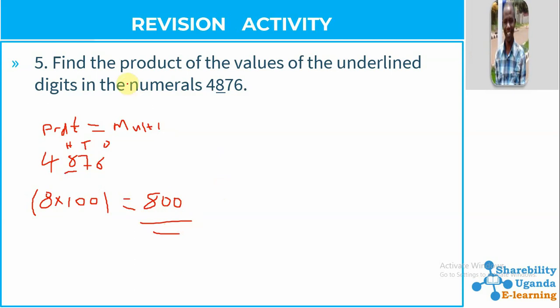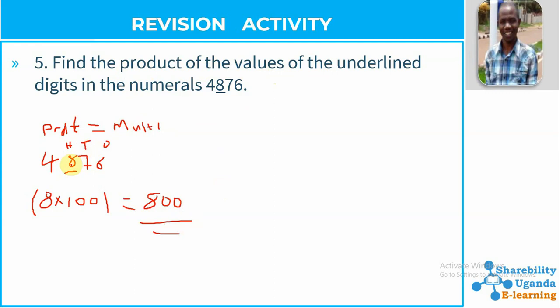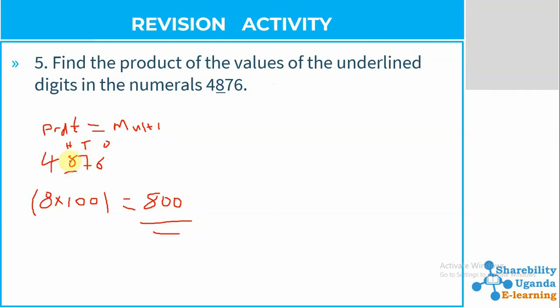They only wanted the product of the value of the underlined word. So we have got the underlined digit, which is 8, times its place value, which means the product. Sometimes they are going to ask you about the difference.